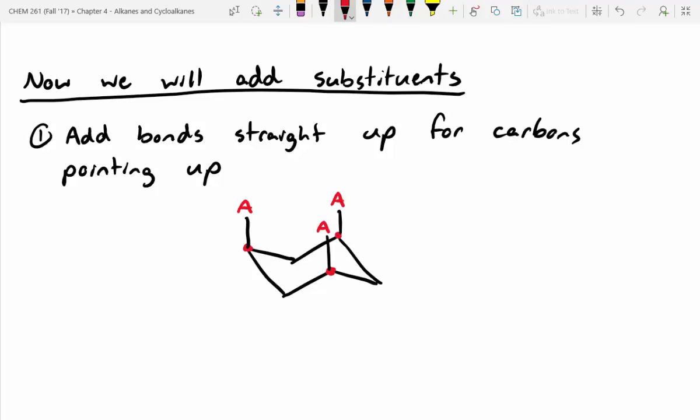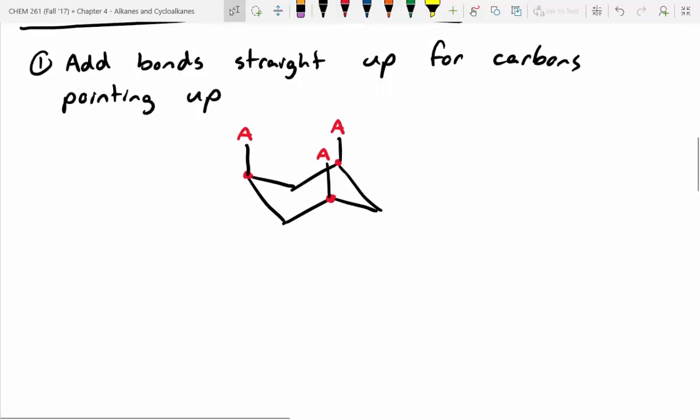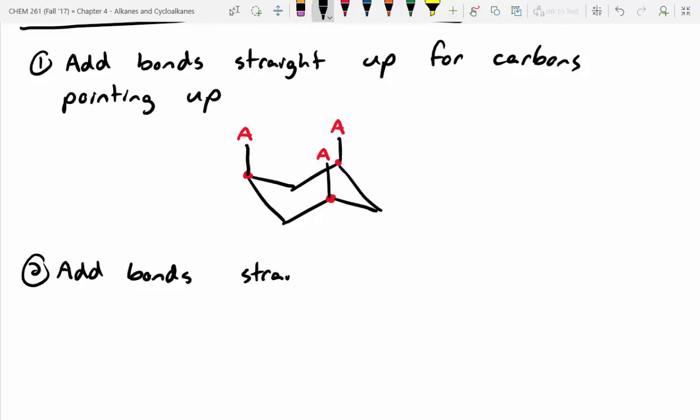So those substituents just go straight up and down off of your chair. All right, and then number 2 is add bonds straight up and down, or I should say straight down, for carbons pointing down.